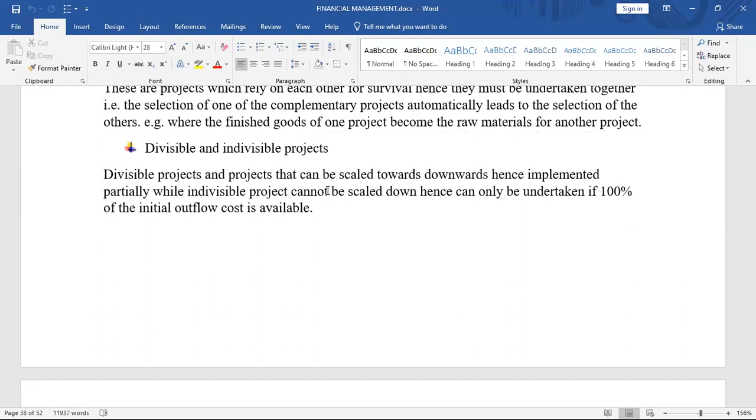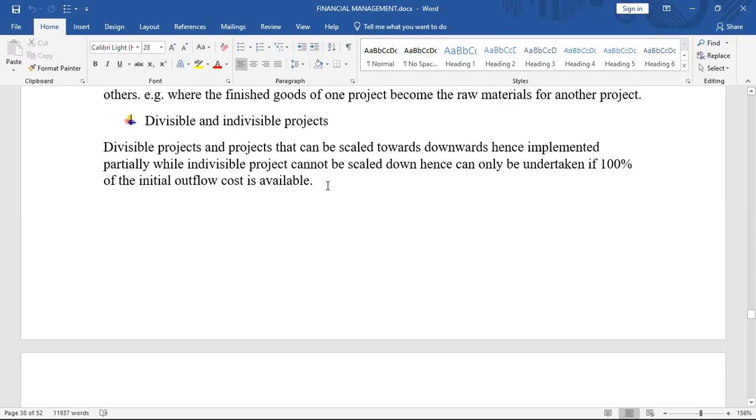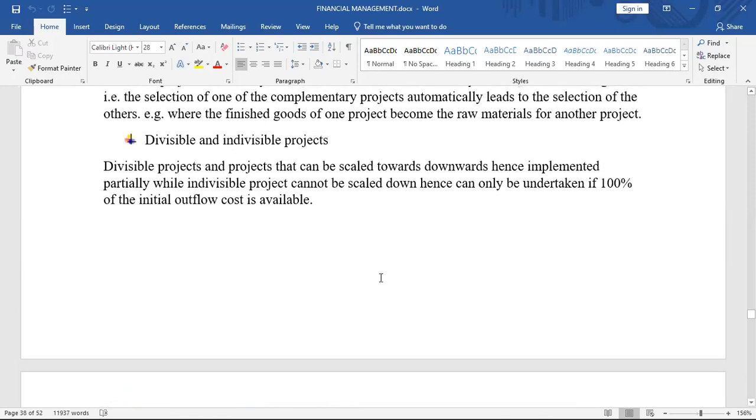So the examiner will ask you to do the question as per divisible projects or indivisible projects. So you need to understand what a divisible project is. Divisible projects are projects that can be scaled downwards, hence implemented partially, while an indivisible project cannot be scaled down, hence can only be undertaken if 100% of the initial outlay is available.